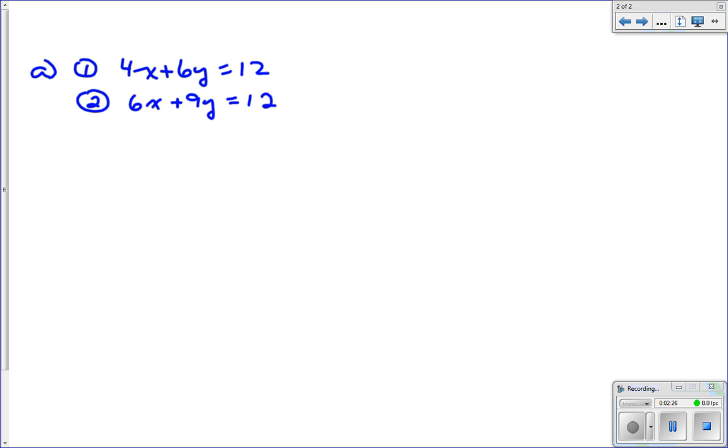If I look at the 6 and the 9 for the y's, I can turn those both into 18 quite simply so that I can use elimination and eliminate the y's from the system. So for this first equation, I'll multiply it by 3. So I'll have 12x plus 18y equals 36.